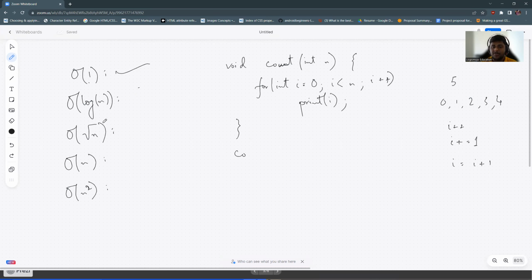Now, if I call count with 5, this loop should run for 5 times, right? If I call the same count function with say 1 million, this should run 1 million times. So as the value of n increases, the run count also increases. So the time complexity becomes O of n, because the program will run exactly n number of times, and it's dependent on the value n.